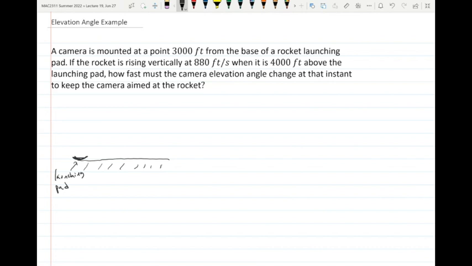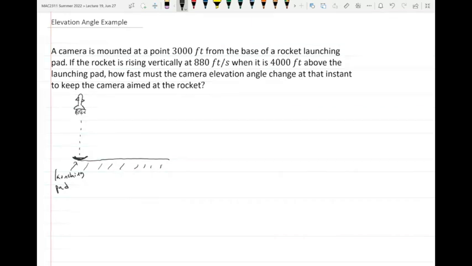Okay, and the rocket was launched, and then it's somewhere in here. I forgot how to draw a rocket, so I'm just going to do something like this. Whatever, just assume that that's a rocket.